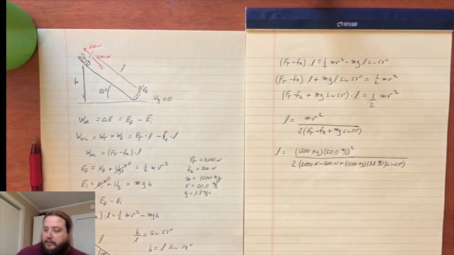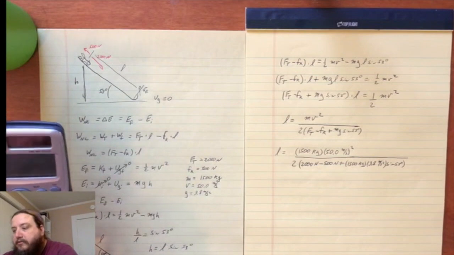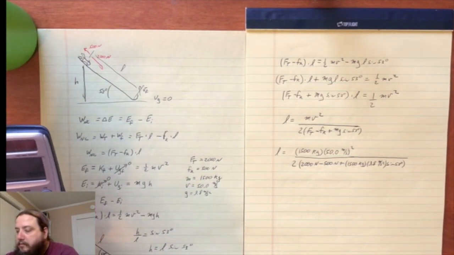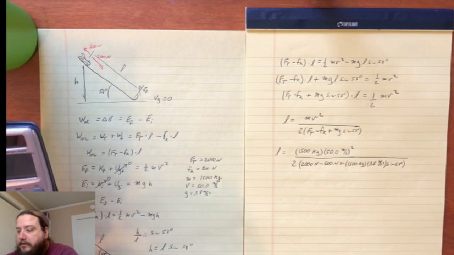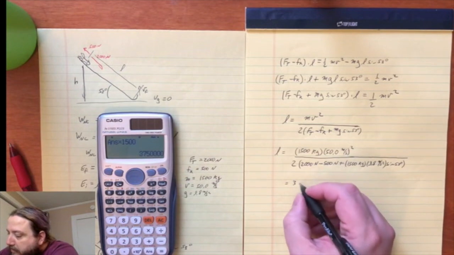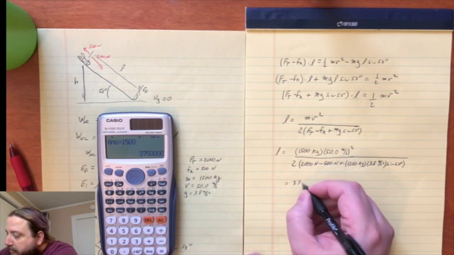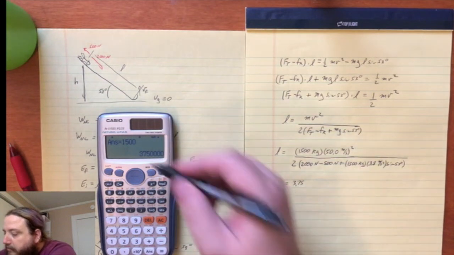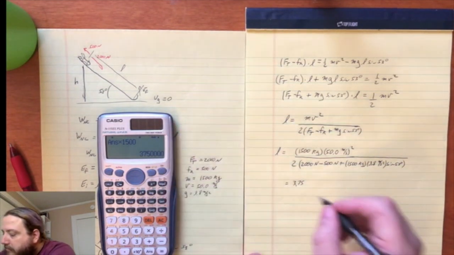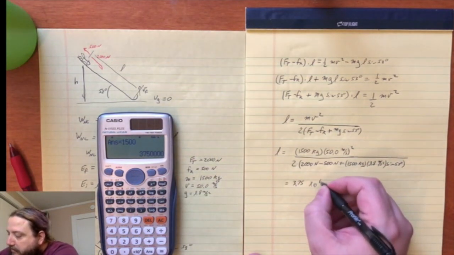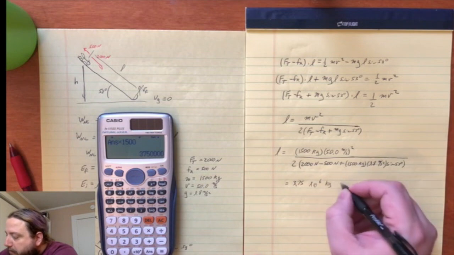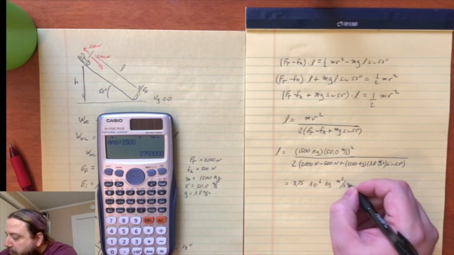All right, so now let's start evaluating things. 50 squared on the top, that's 2,500, times 1,500 on the top, that gives us 3.75 times 10 to the 6 kilogram meters squared per second squared.